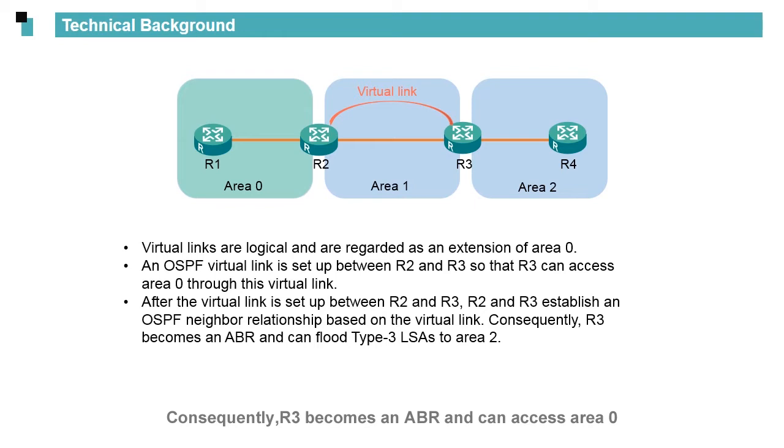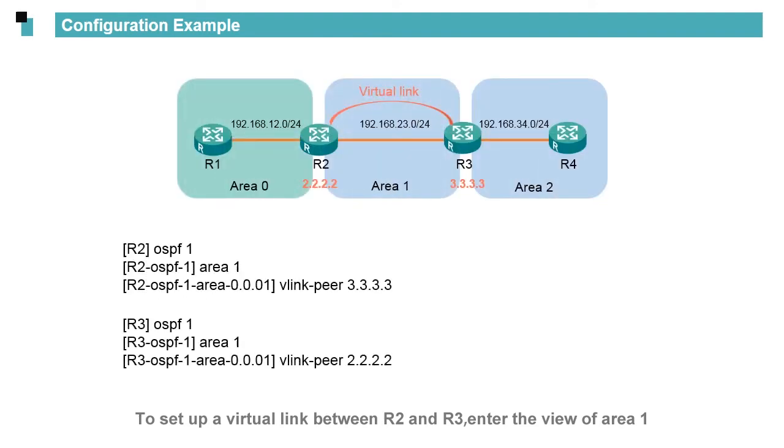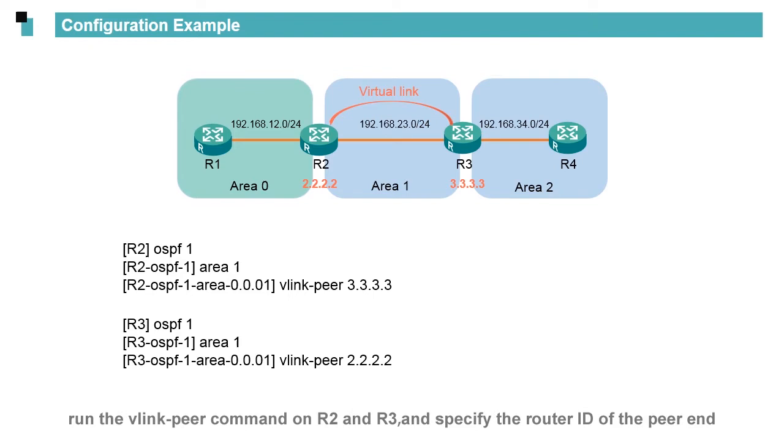Consequently, R3 becomes an ABR and can access Area 0. To set up a virtual link between R2 and R3, enter the view of Area 1, run the vlink peer command on R2 and R3, and specify the router ID of the peer end.